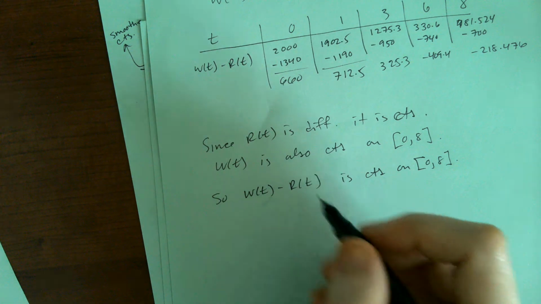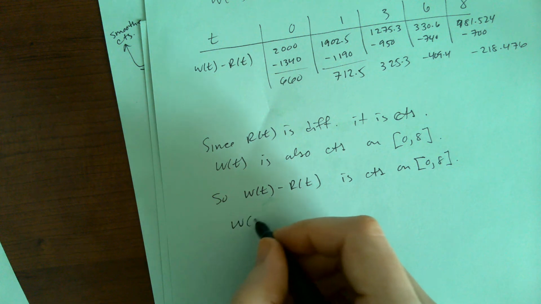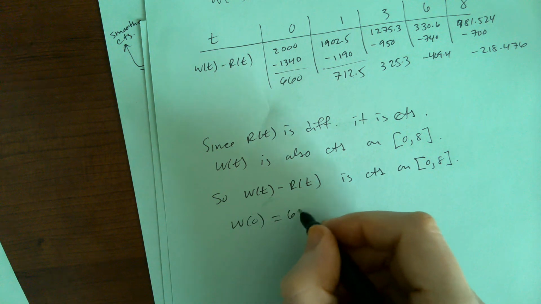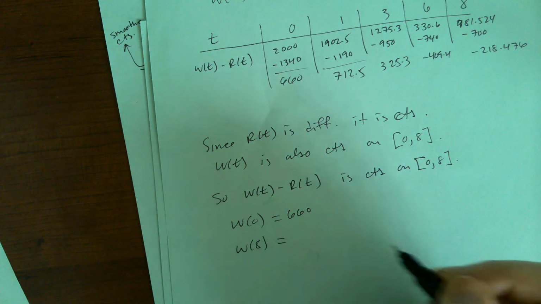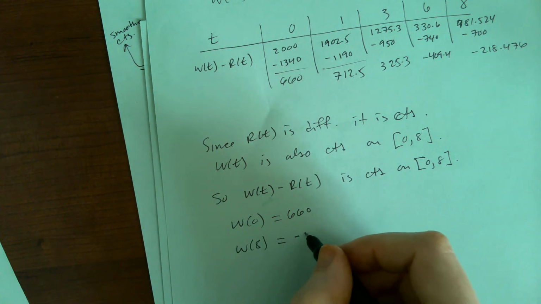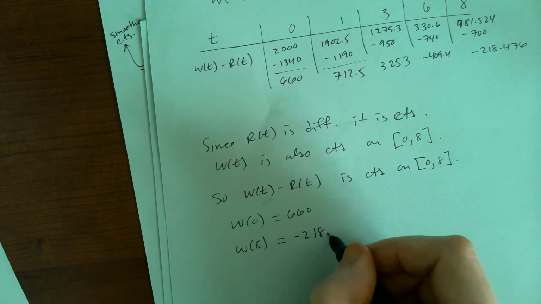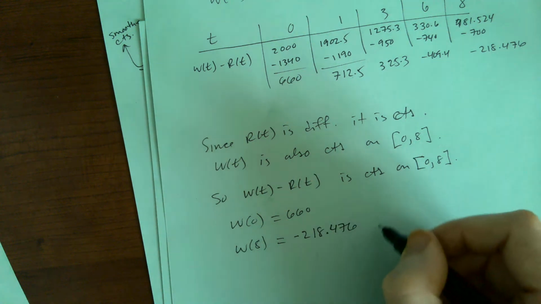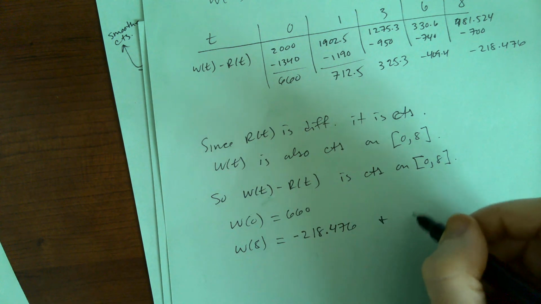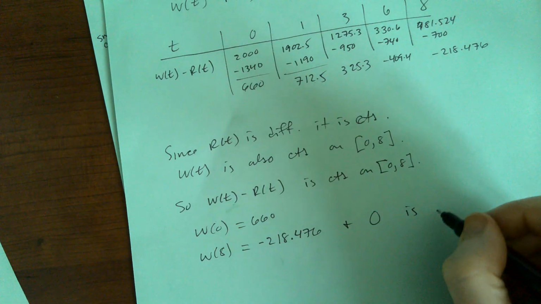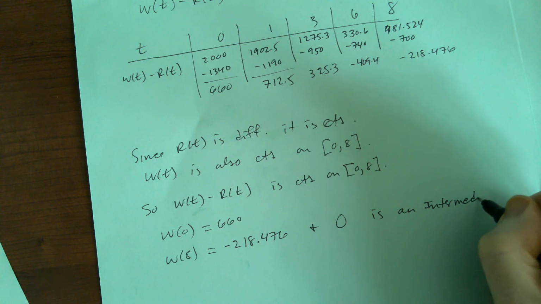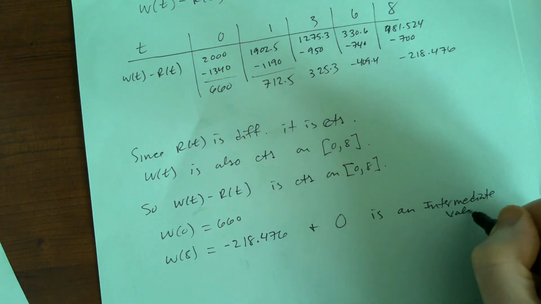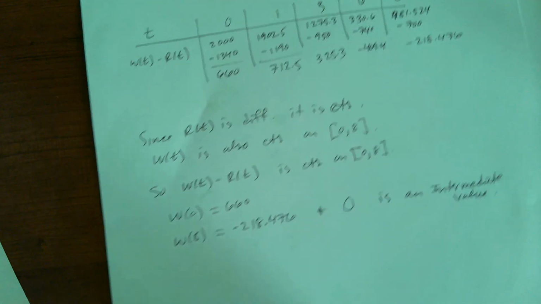Okay. And then I'll bring in my values. So W of 0 is 660. W of 8, it's not equal to this, but 0 is an intermediate value.